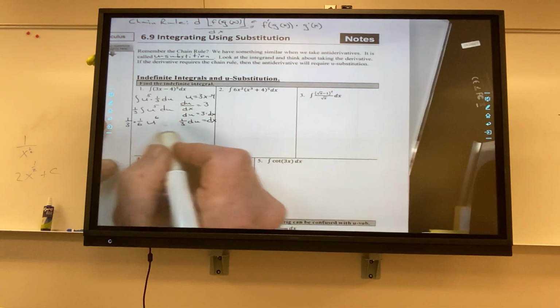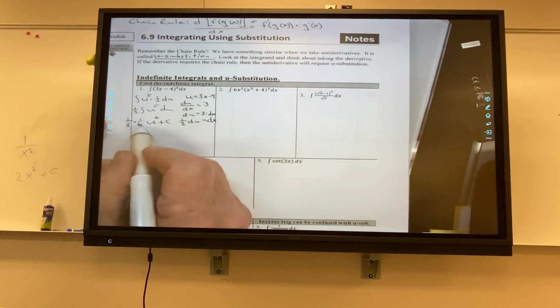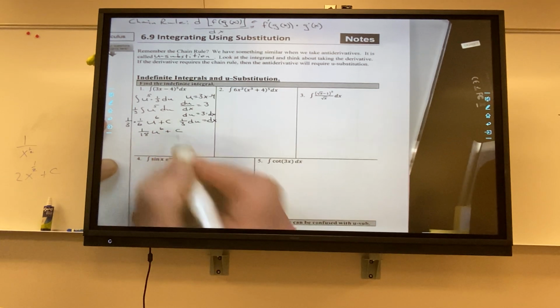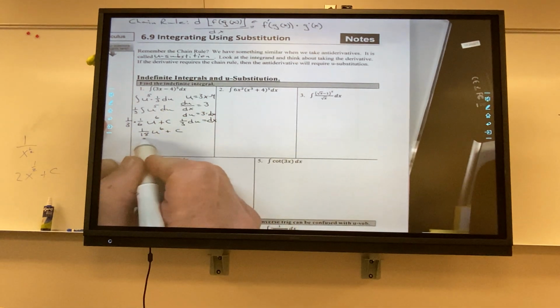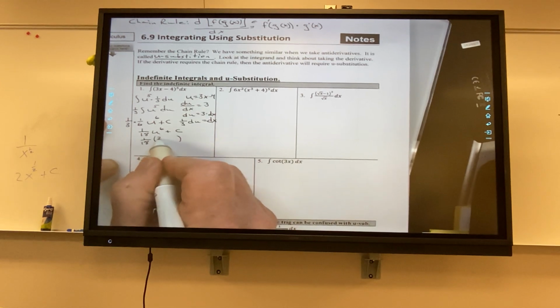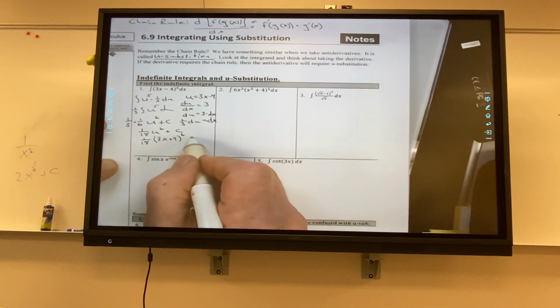So 1/3 times 1/6 is 1/18. U to the 6th plus c. But I want my answer in terms of x, so I have 1/18 parenthesis 3x minus 4 to the 6 plus c.